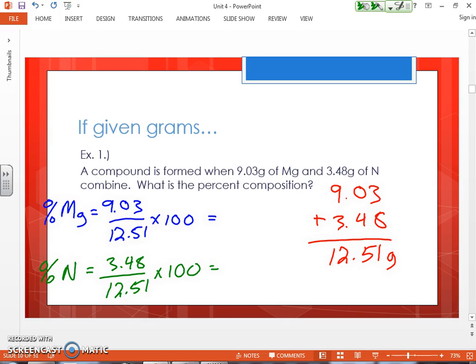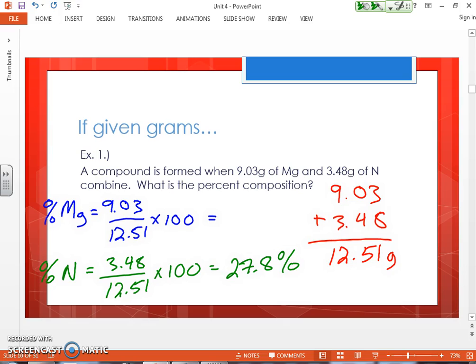Plug this in your calculator. Do the bottom one first. 3.48 divided by 12.51 times 100 gets me 27.81%, and looking at sig figs here, I'm going to keep 3.